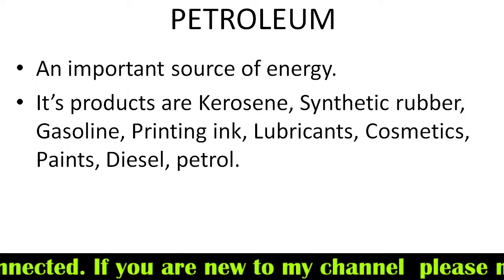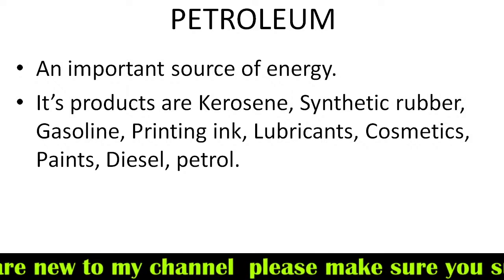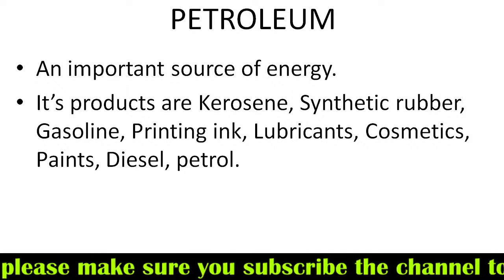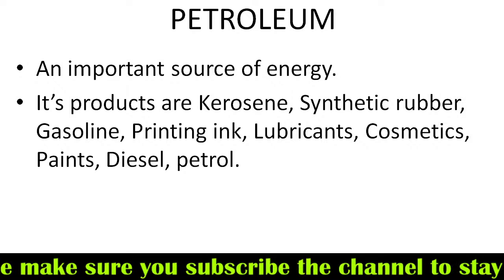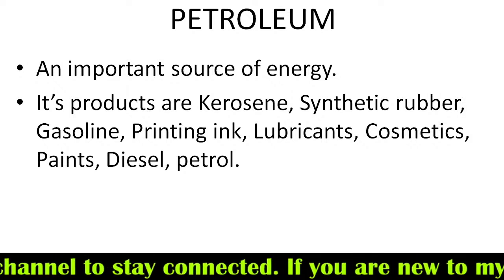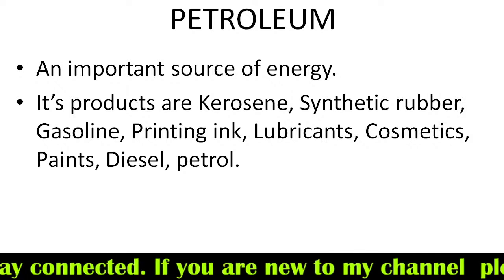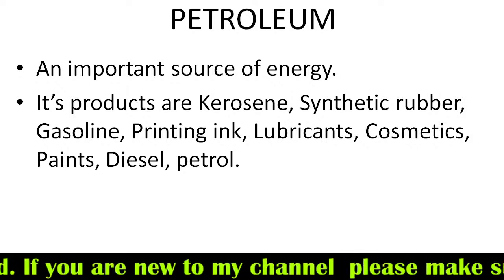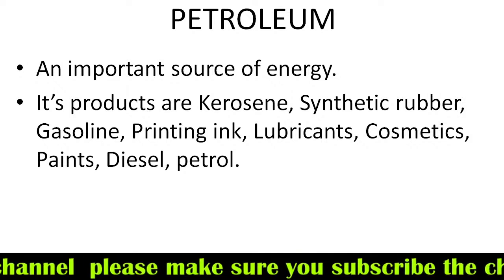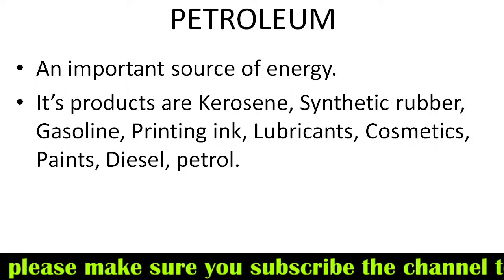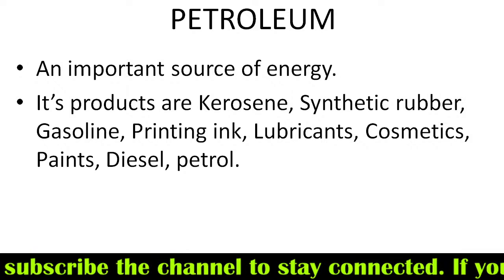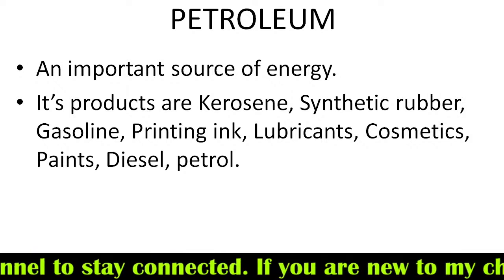In the same year, oil was discovered in Digboy, 1867. So we consider Digboy as the first major place where the oil was discovered. Before 1960, petroleum was produced only in Assam. I am talking about India.